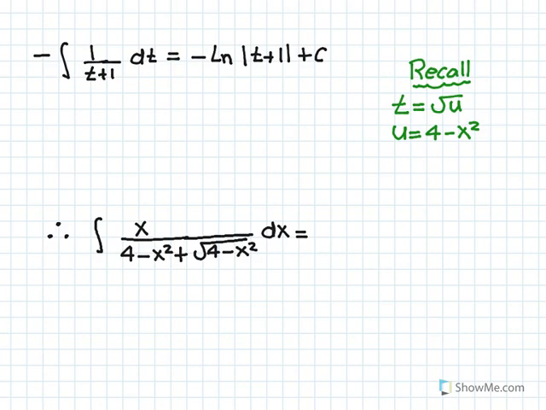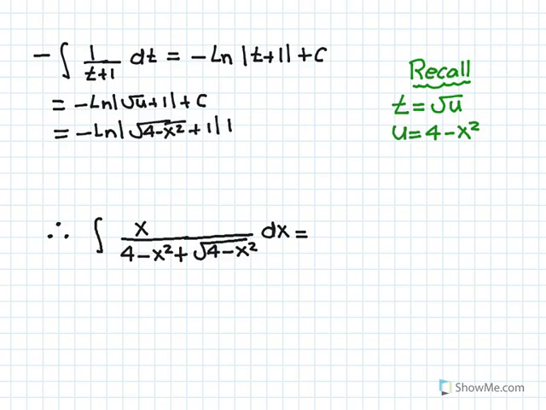But recall that t is equal to root u, and u is equal to 4 minus x squared, because we're doing a double substitution here. So let's return to the original variables. So minus log of t, which is root u, plus 1 plus c, and that's equal to minus log of, u is equal to 4 minus x squared, so root of 4 minus x squared, plus 1 plus c.